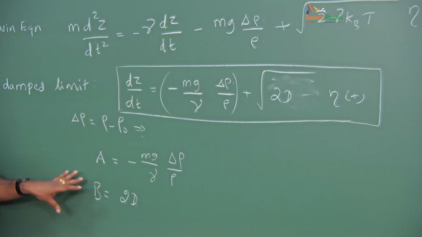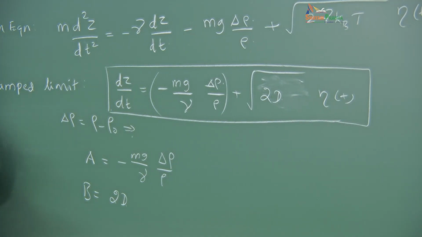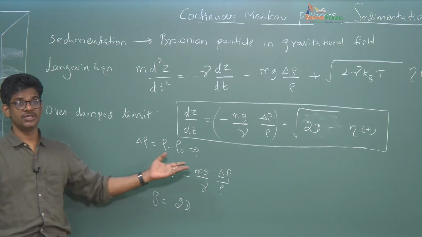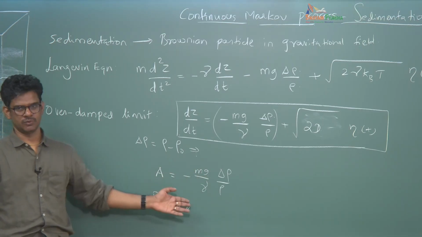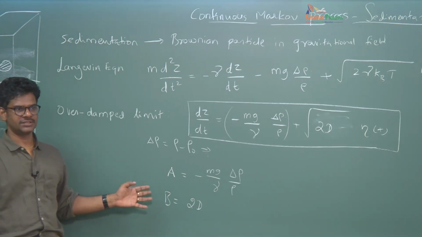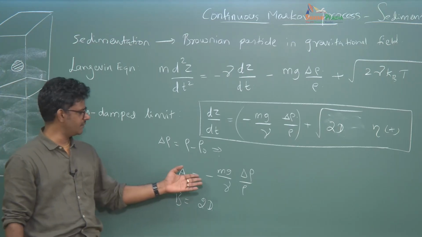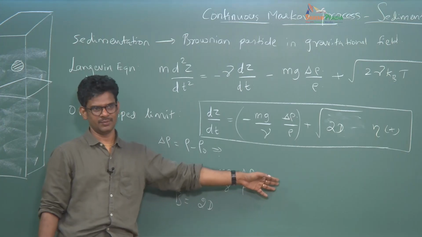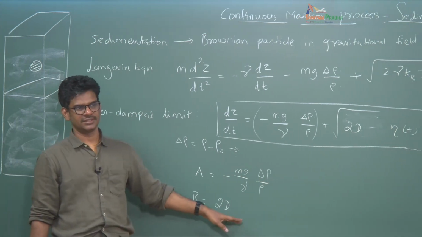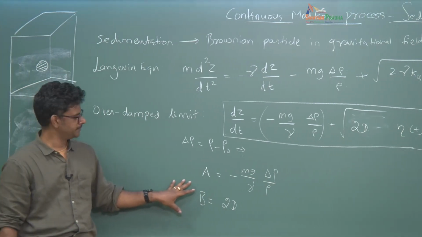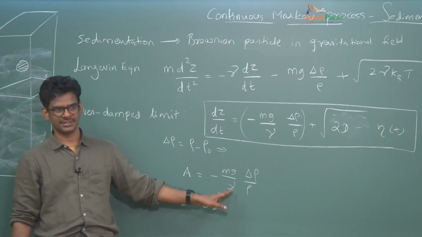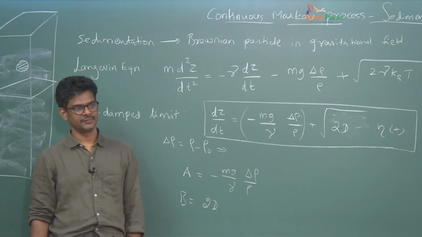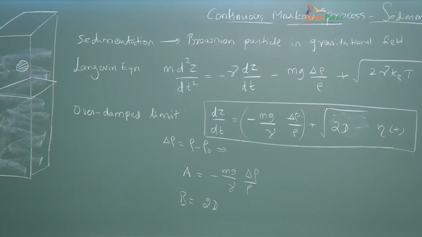Now you can see that for the Wiener process, A was 0 and B was 1. Then for the Ornstein-Uhlenbeck process, A was some minus constant times x, the random variable itself, and B was a constant. Here we have a third case where both A and B are constants and A is negative in this case.